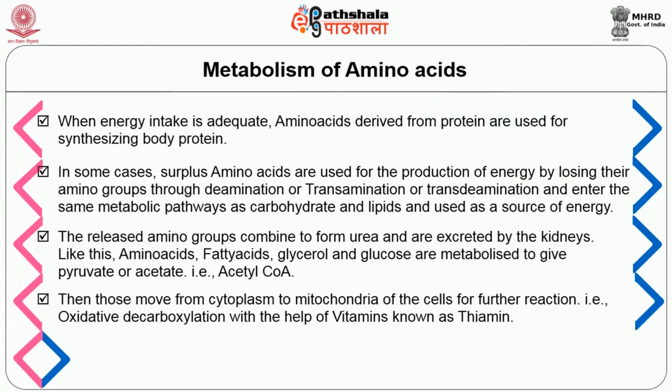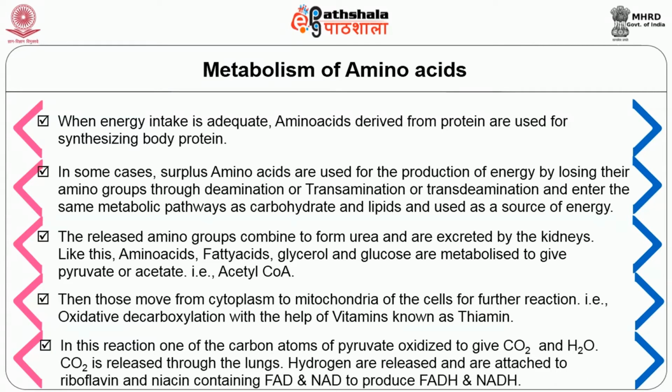In this reaction, one of the carbon atoms of pyruvate is oxidized to give carbon dioxide. Carbon dioxide is released through the lungs, and hydrogens are released and attached to riboflavin and niacin containing FAD and NAD to produce FADH and NADH.